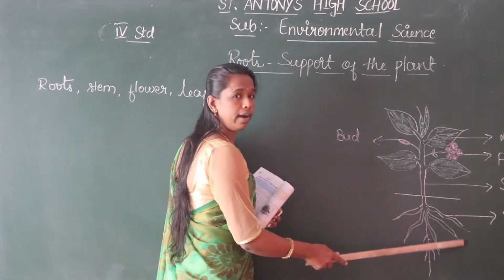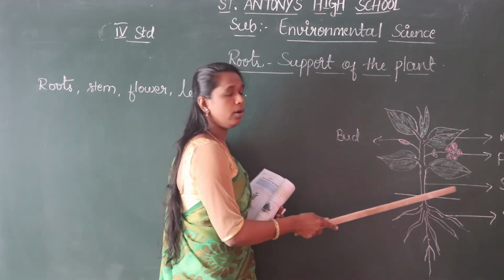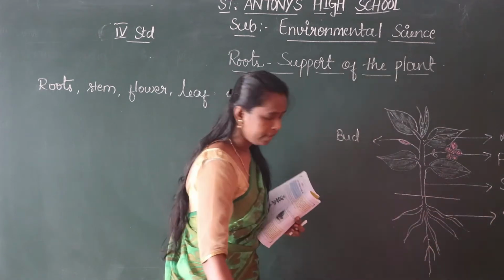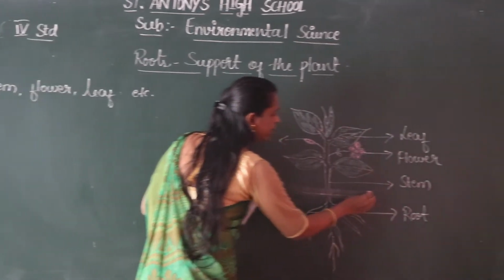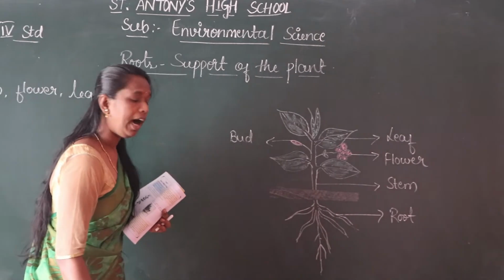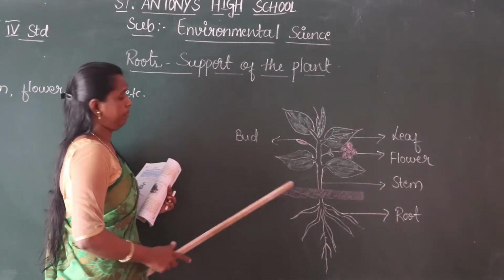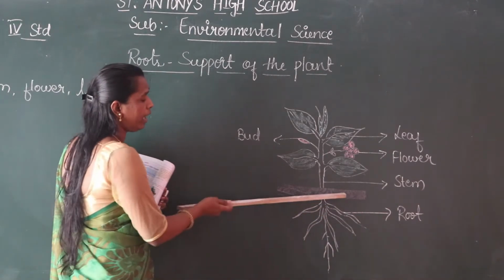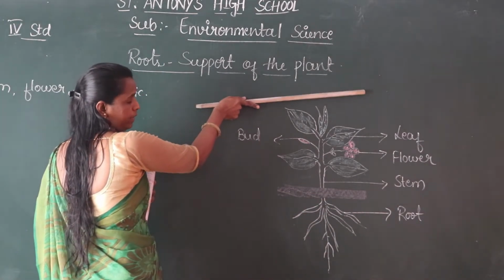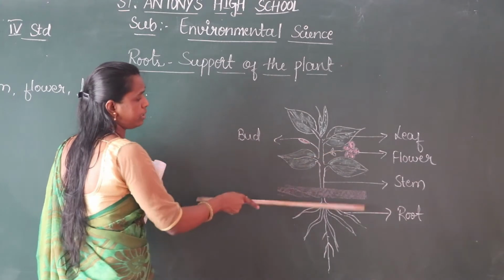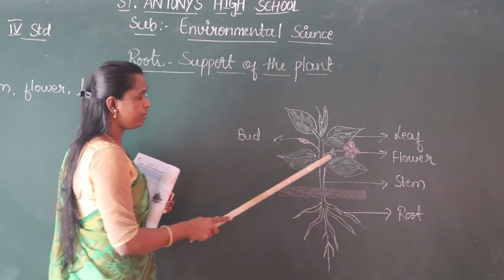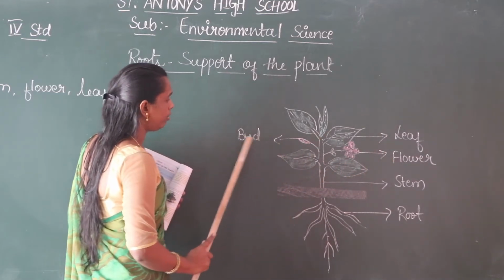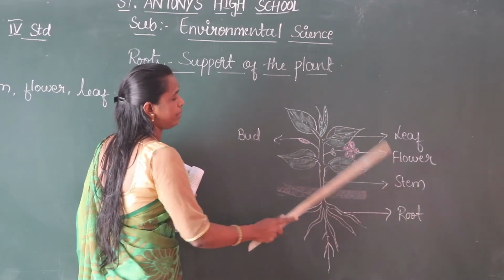This is the root part. This is the top layer, which means it is soil. So the layer underground is called the root system. Above the soil it is called the shoot system. In the shoot system we observe leaf, flower, bud and stem.